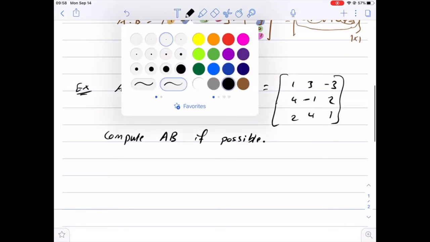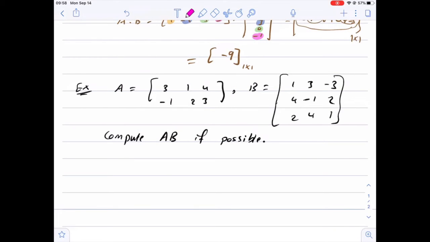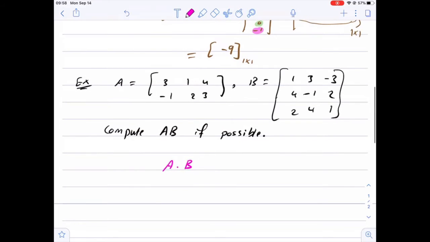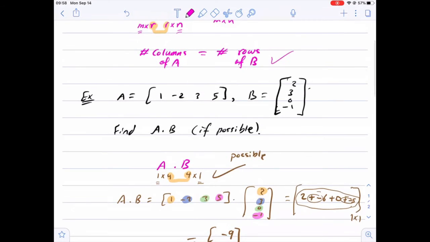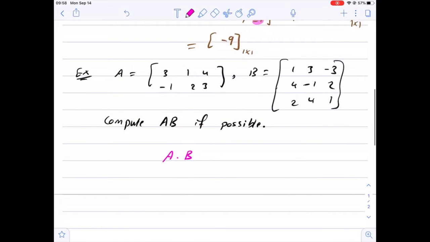So we first check the orders or the sizes of each matrix, and we want to see if the number of columns of the first matrix is equal to the number of rows of the second matrix. So matrix A has order 2 rows by 3 columns, so it's 2 by 3, and matrix B has 3 rows and 3 columns, so it's 3 by 3.